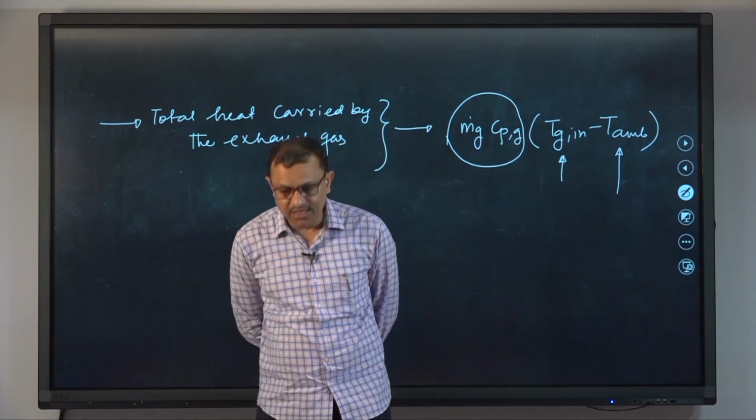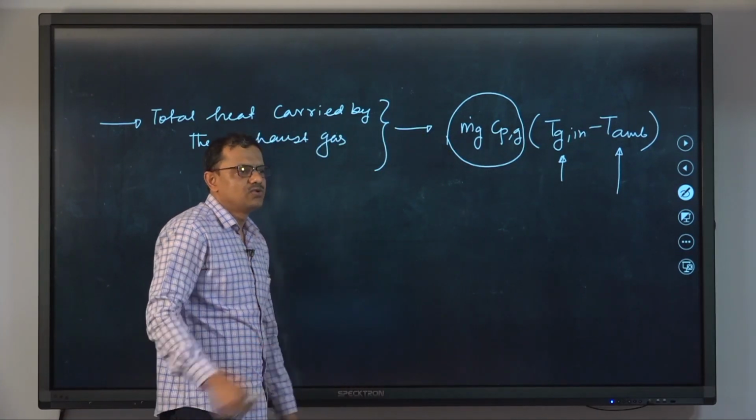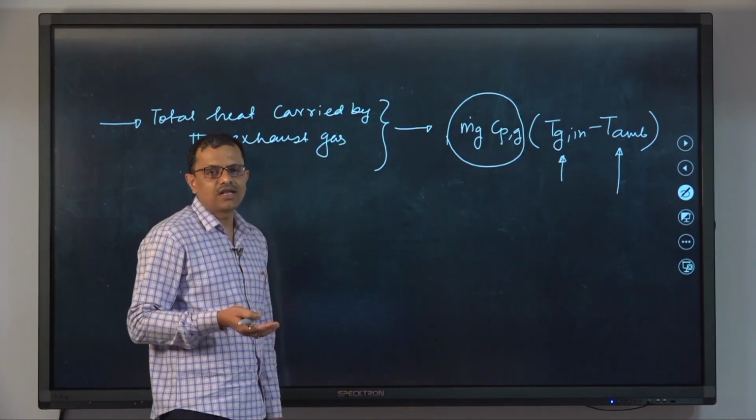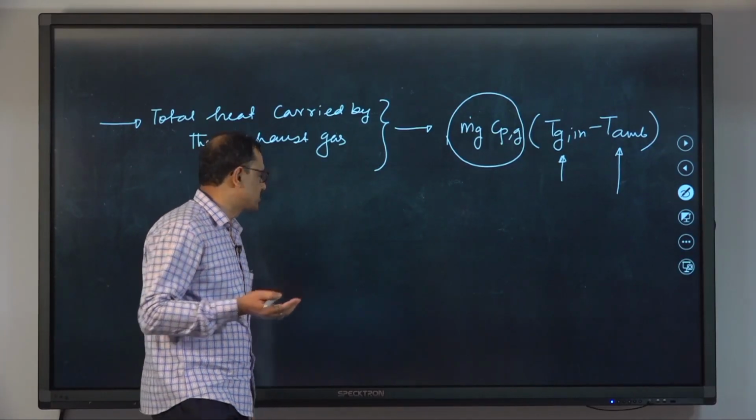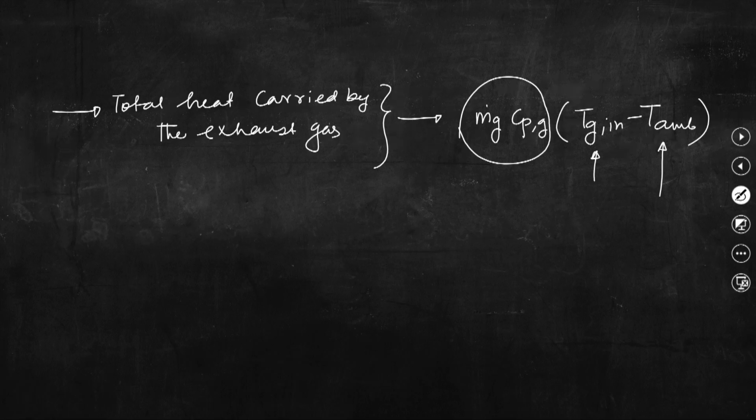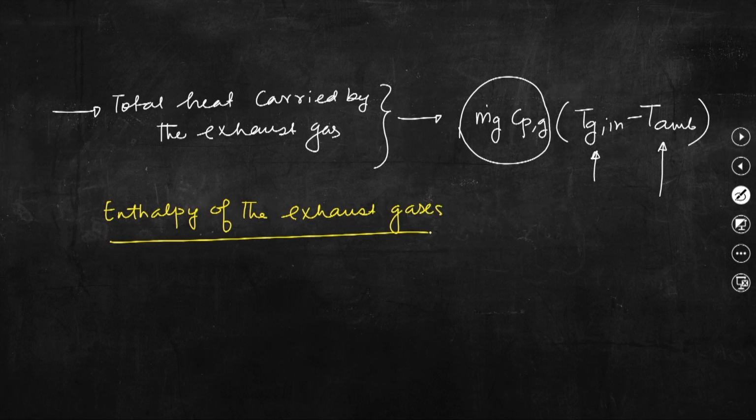So, there is another method which can also be used to calculate loss of enthalpy, rather the enthalpy that will be carried away by the exhaust gases. So, if I write here just for 1 minute, so we can write that enthalpy of the exhaust gases, because this is the enthalpy which we cannot use.